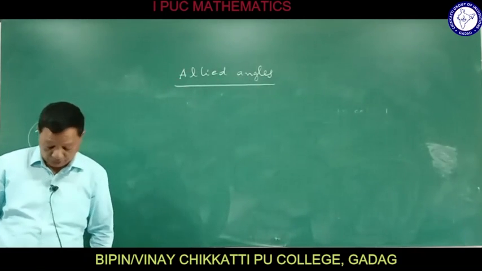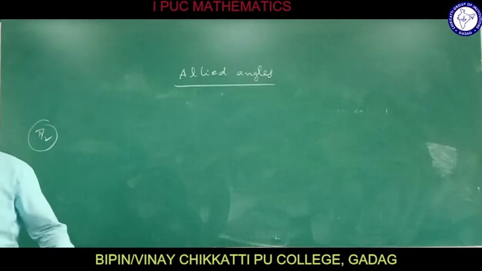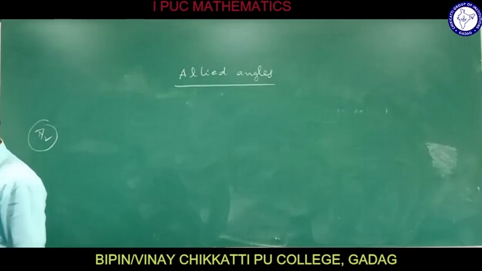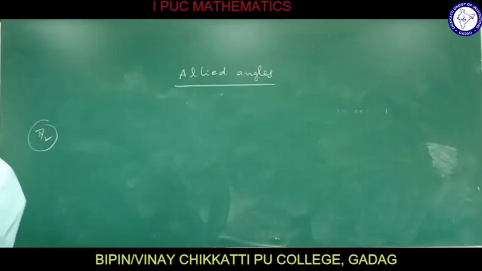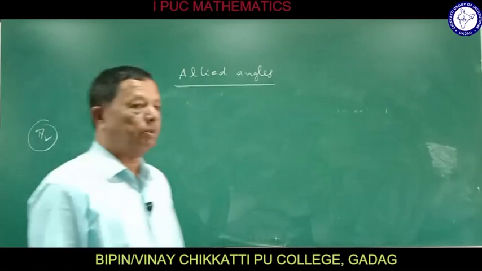Suppose, theoretically discussing, one angle is allied to another angle, what is the condition? Their sum must be 0, or else their sum or difference is definitely a multiple of 90 degrees or multiple of pi by 2. 90 degrees means pi by 2.